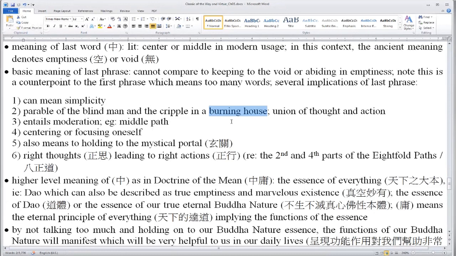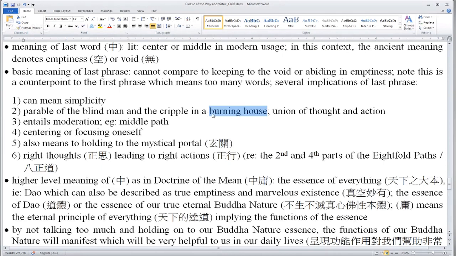Remember we talked about the parable of the burning house and the three children in the Lotus Sutra, chapter 3, I believe, a couple months ago, about the three vehicles.